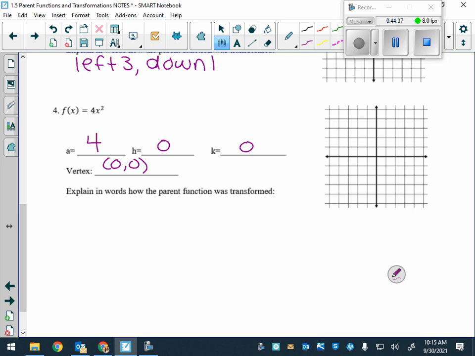Just based off the equation. David? Vertical stretch. By 4. Okay? So this is what came up already. Okay? Knowing that my vertex is 0, 0. I'm going to show you with points. Some of you can figure this out.